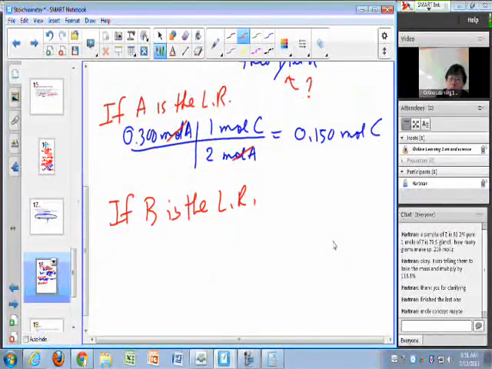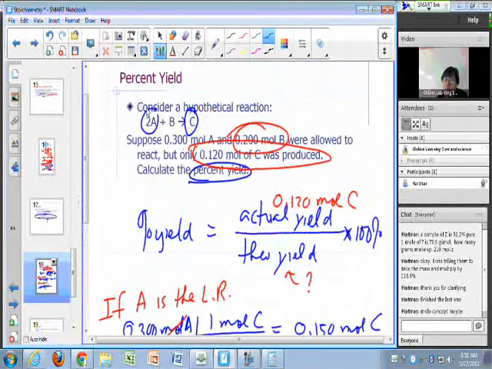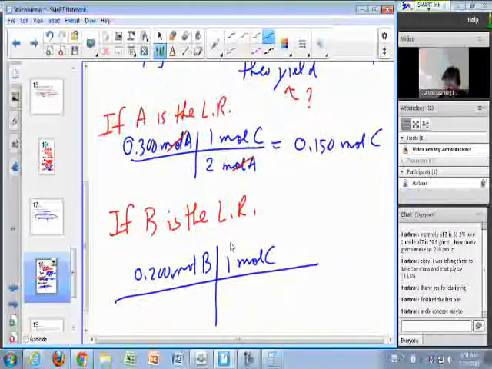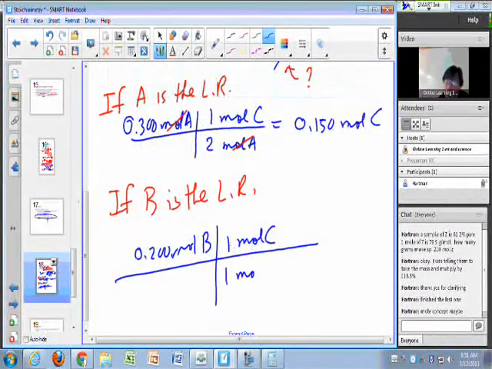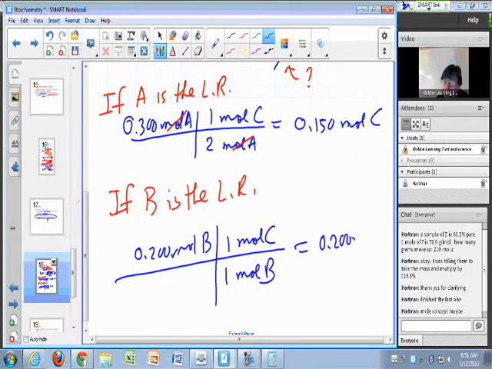So you say 0.200 moles of B times 1 mole of C comes from 1 mole of B, a 1:1 ratio according to the balanced equation. So that's going to give you 0.200 moles of C.